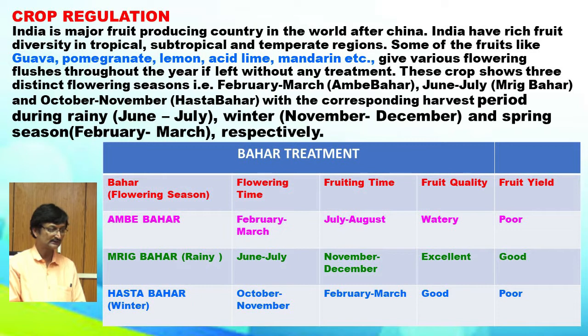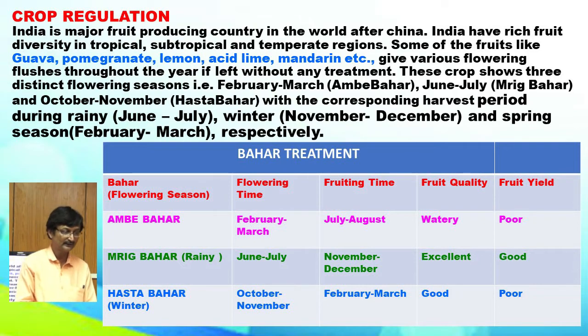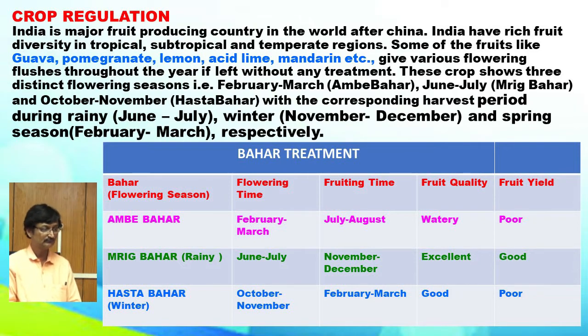This crop shows 3 distinct flowering seasons, that is February-March, Ambe Bahar, June-July, Mrig Bahar and October-November, Hast Bahar, with the corresponding harvest period during rainy June-July, winter November-December and spring season February-March respectively.